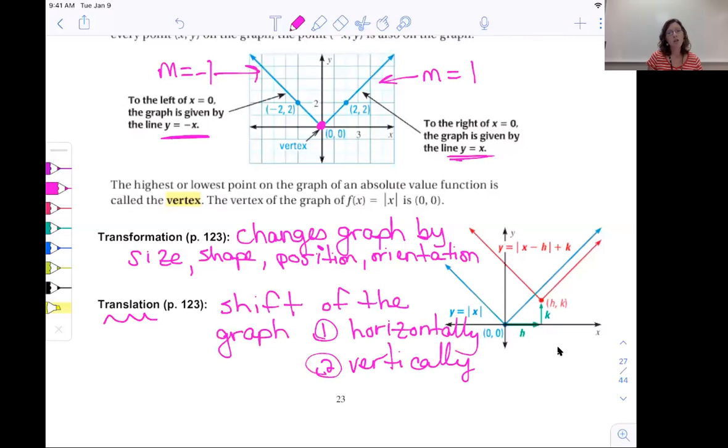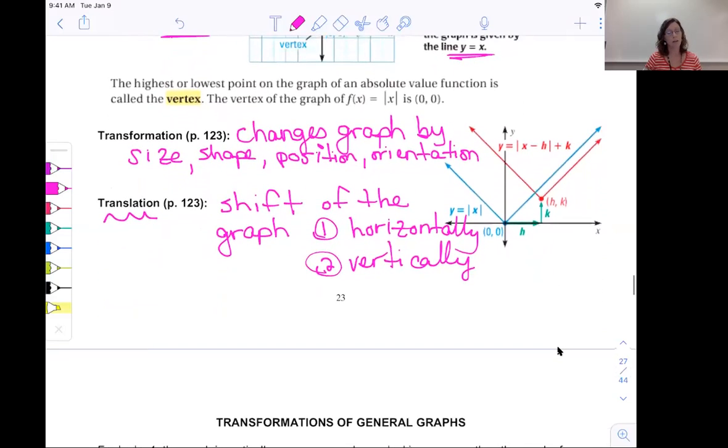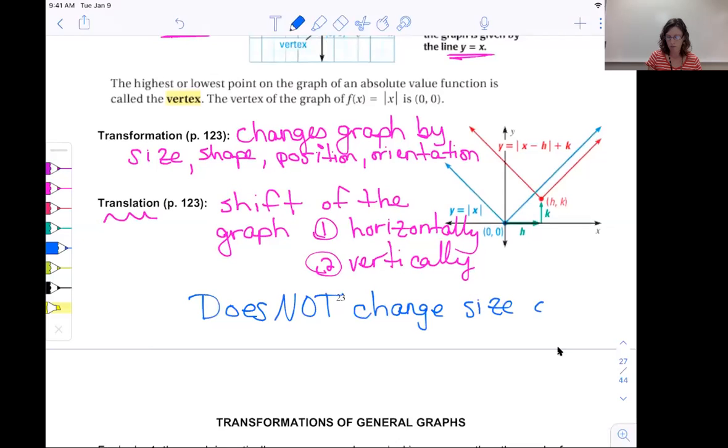So a translation is shifting the graph. It's moving the graph, but it's not changing the size or the shape. So we're going to be shifting the graph using that H and K.